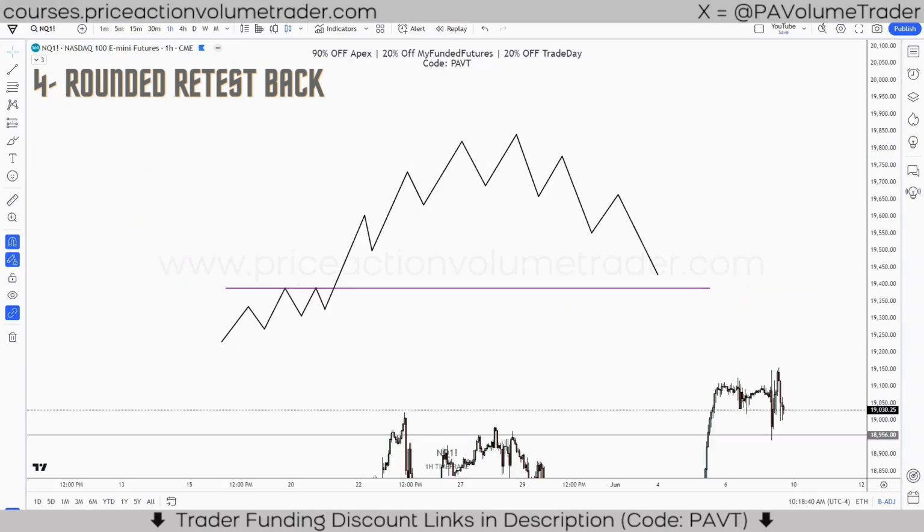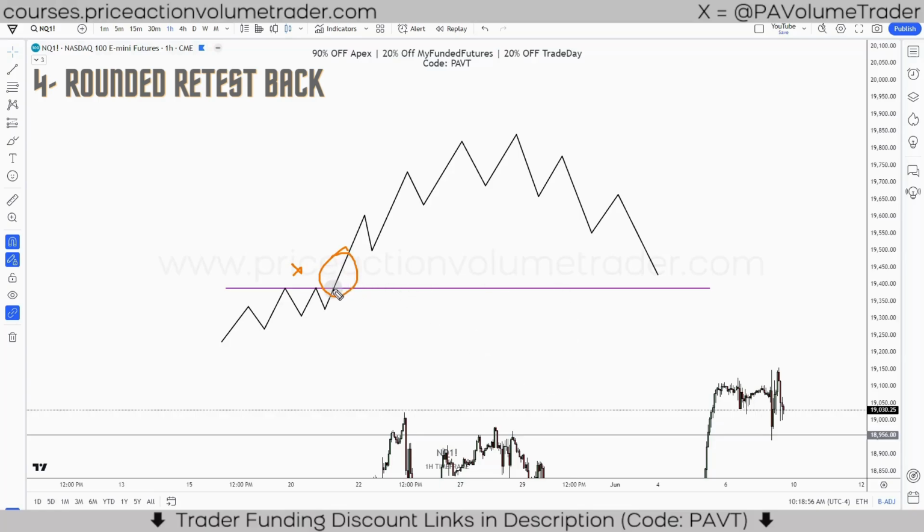Okay, the fourth factor we talked about was coming with a nice rounded retest with time in between. So if we have a significant level, we have resistance, and then we have a nice clean breakout.